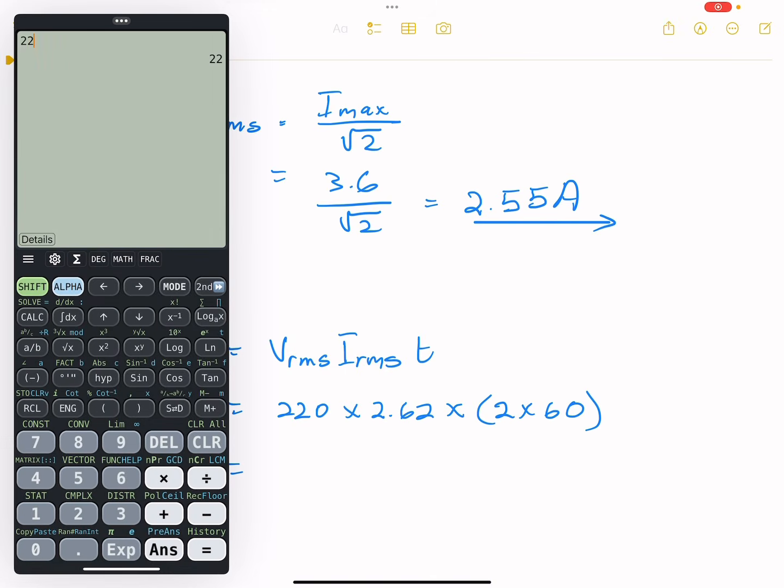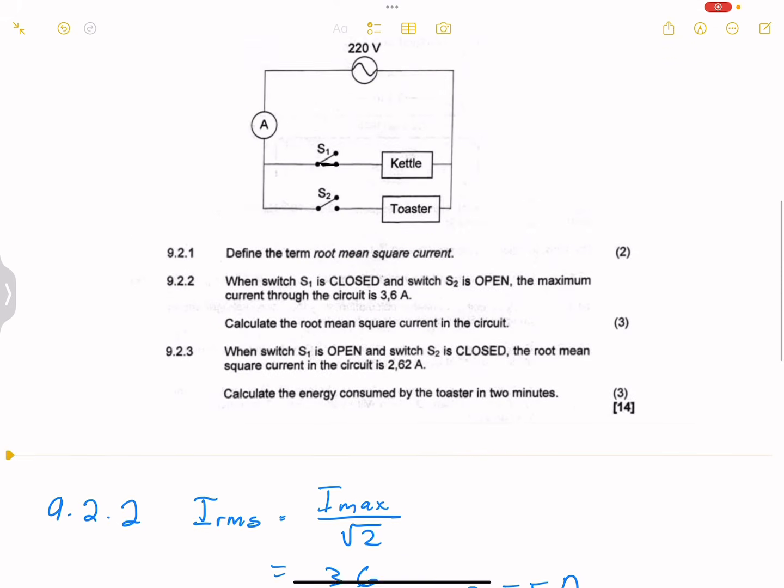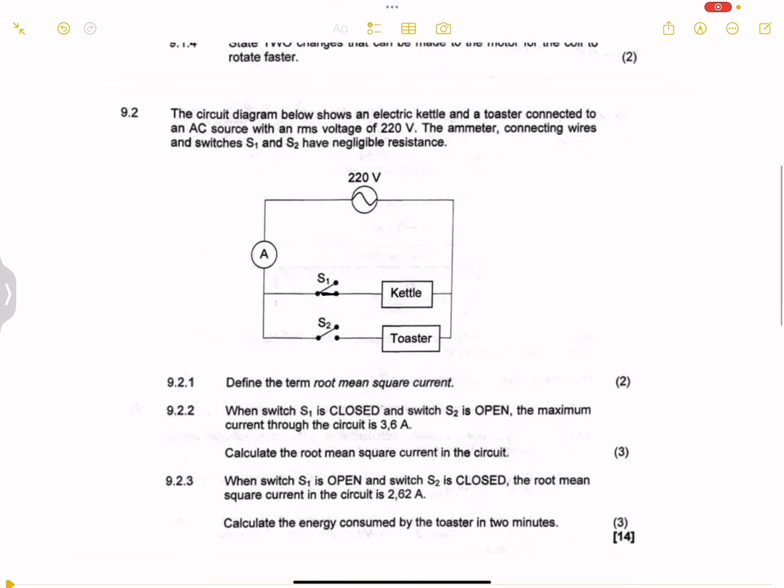So that would be 220 multiplied by 2.62 times 120. Okay, and we get an amount of energy, 69,168. And remember, this is energy, so it should be measured in joules. Right, and essentially that is how the cookie crumbles when it comes to this question.